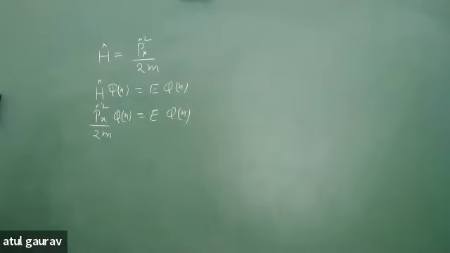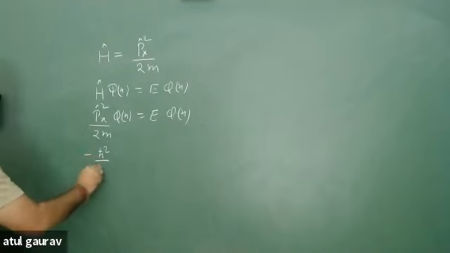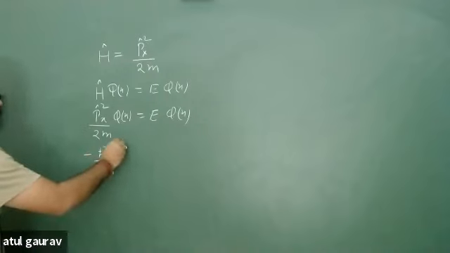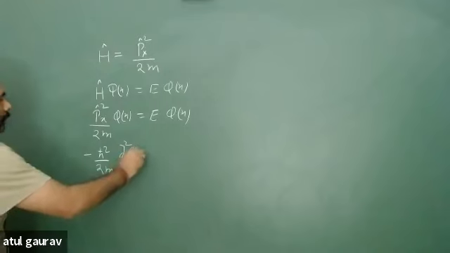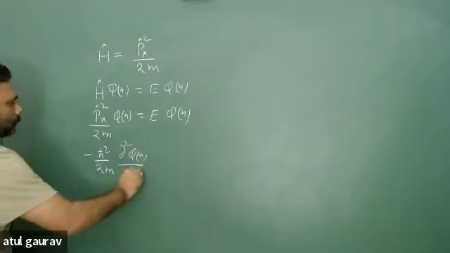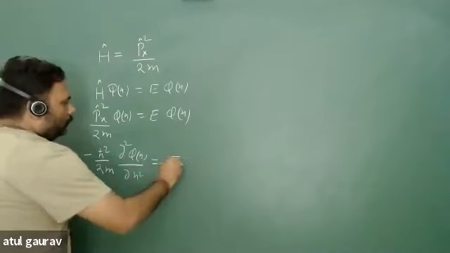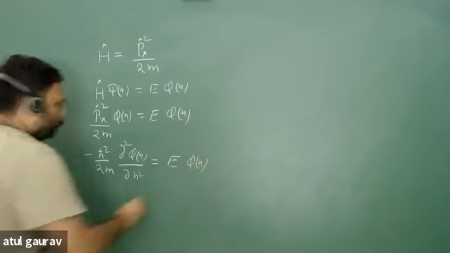What we are going to do, we will just write it in operator form. So this will be minus h cut square upon 2m, and you can write del square phi(x) upon del x square is equal to E phi(x).